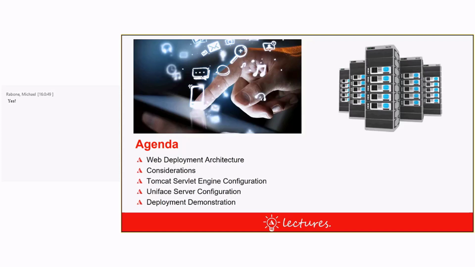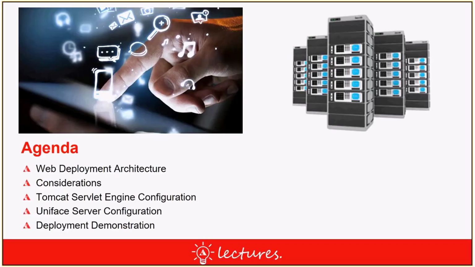Then we're going to drill down into the detail of how you configure your servlet engines like Tomcat and so on, and your Uniface server configuration. I won't duplicate all of the information that you probably know from doing previous Uniface deployments on desktop, but point out some important things for you here. And then I'll do a demonstration of actually putting the application out on a different deployment server.